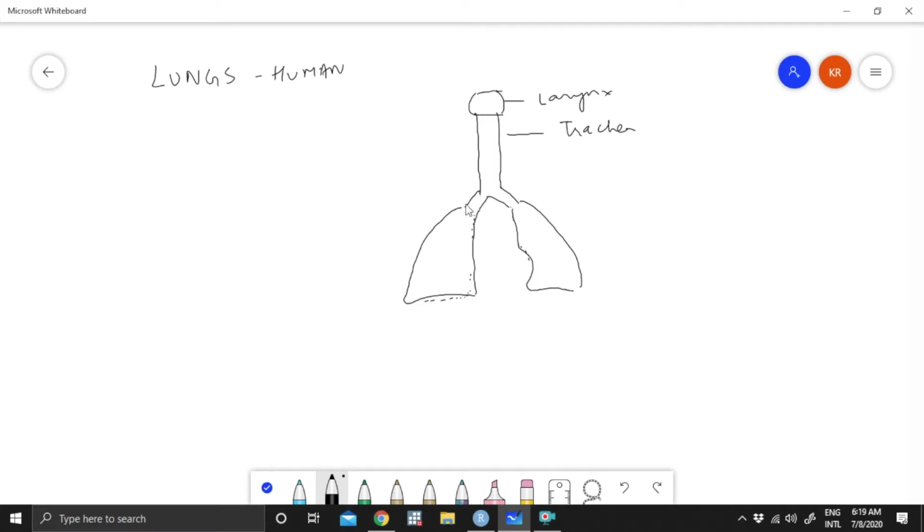These bronchi actually go inside and they divide into first primary and then secondary and tertiary bronchi. And this part over here is the diaphragm.